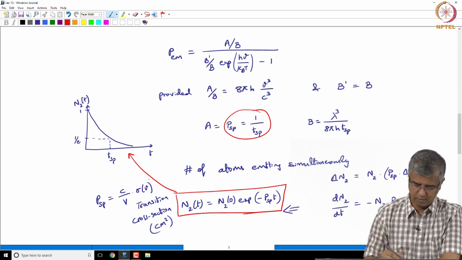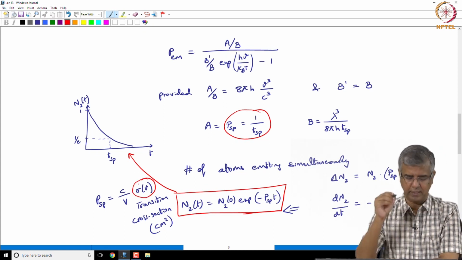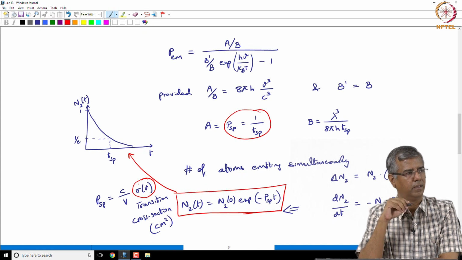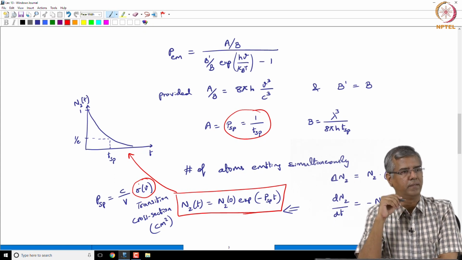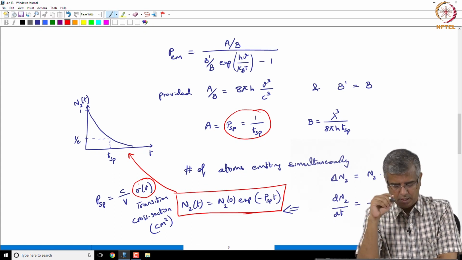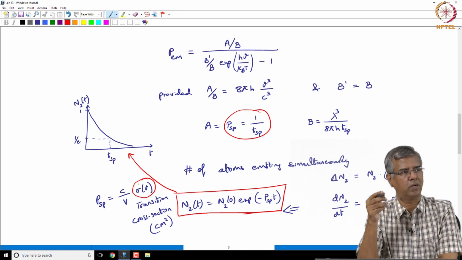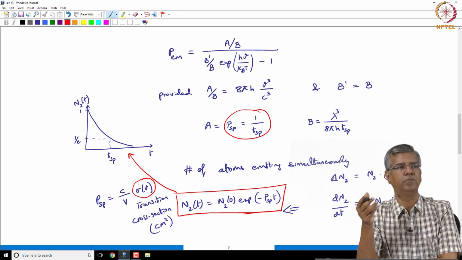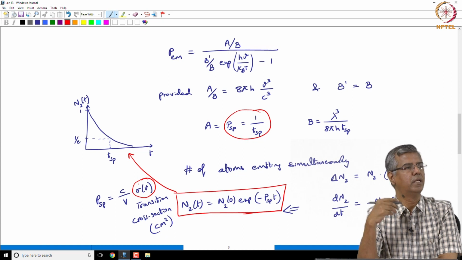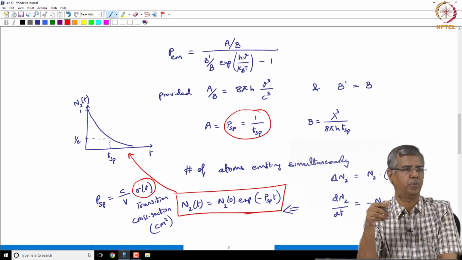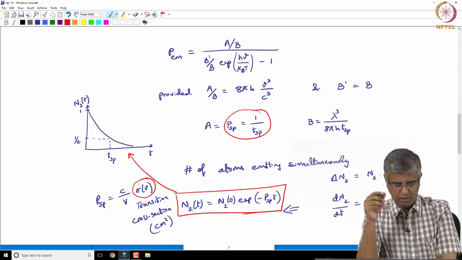Okay. So, we will see that when we are quantifying a lot of these probabilities, we will start expressing that in terms of this sigma, which is called the transition cross section. If it is transition cross section corresponding to emission, we will call that sigma E. If it is transition cross section corresponding to absorption, we will call that sigma A. Okay.